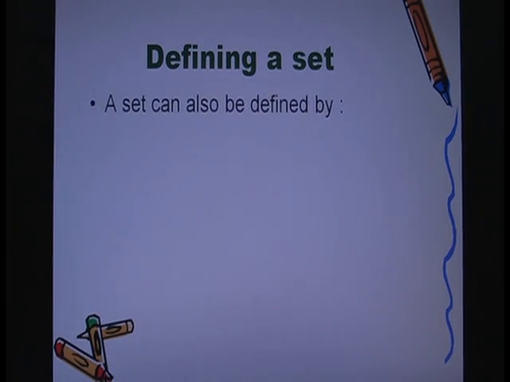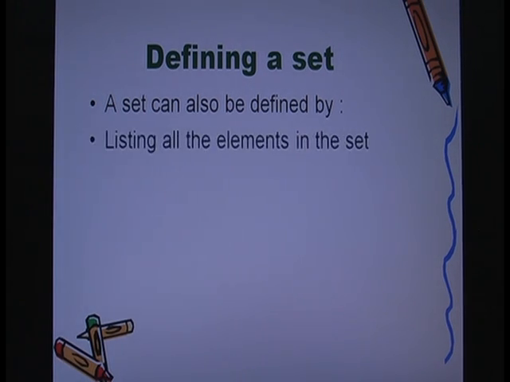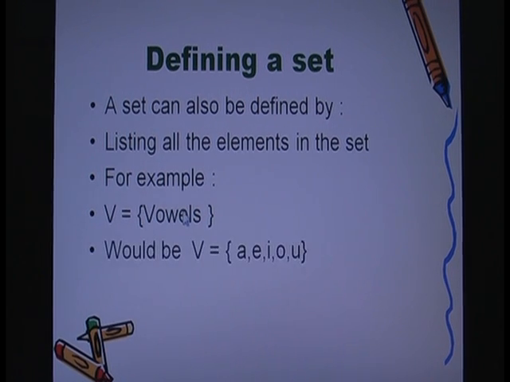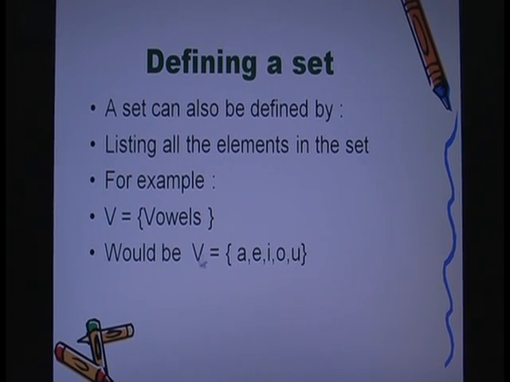Defining a set. A set can also be defined by listing all the elements in the set. Okay. For example, V is equal to what? Set of vowels once again. But this time we are going to do what? List all the elements in the set. So, would be what?